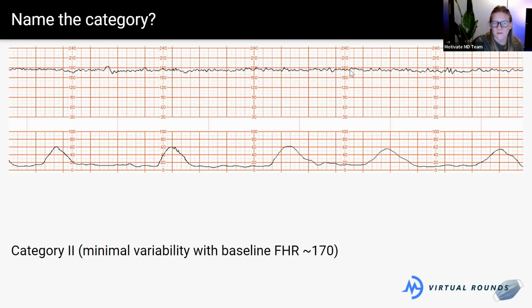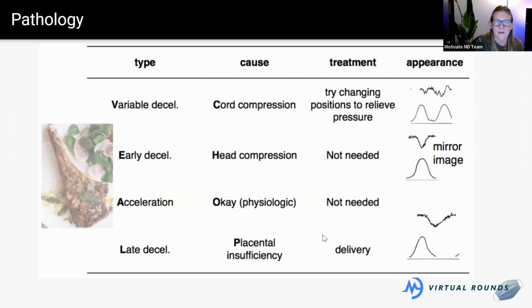Generally tachycardia is not as bad as bradycardia. Bradycardia is going to indicate that the baby's oxygenation and hemodynamic functioning is compromised. So this is a category 2, not super specific.